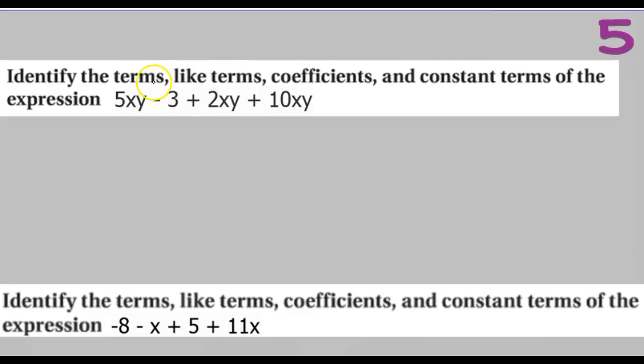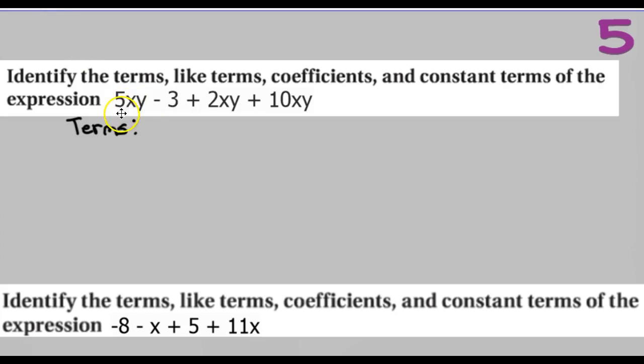So if we look at our expression here and identify the terms, the like terms, coefficients, and constant terms, well, we can look first of all for the terms. Now the terms are everything that's being added together.